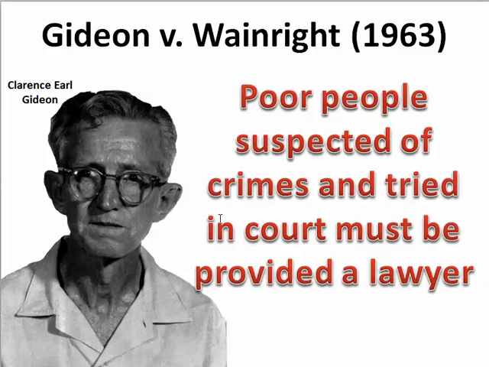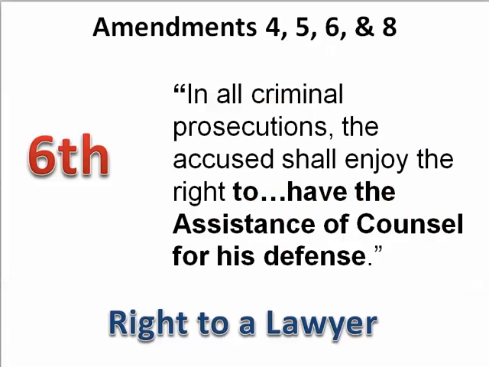So the court found in 1963 that Clarence Earl Gideon's civil liberties had been violated because the Sixth Amendment was not followed. And it says this in the Sixth Amendment: in all criminal prosecutions, the accused shall enjoy the right to have the assistance of counsel for his defense. In other words, a right to a lawyer.